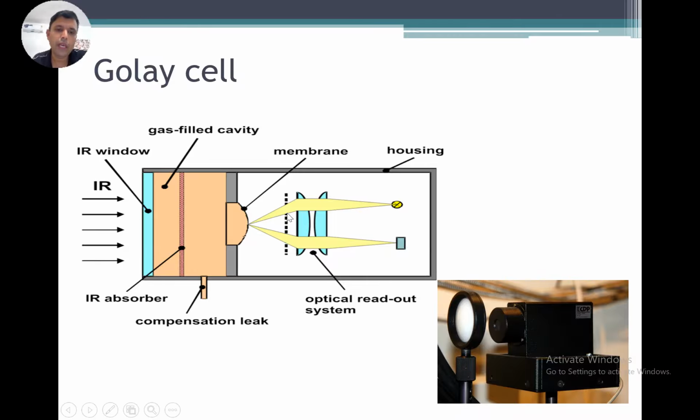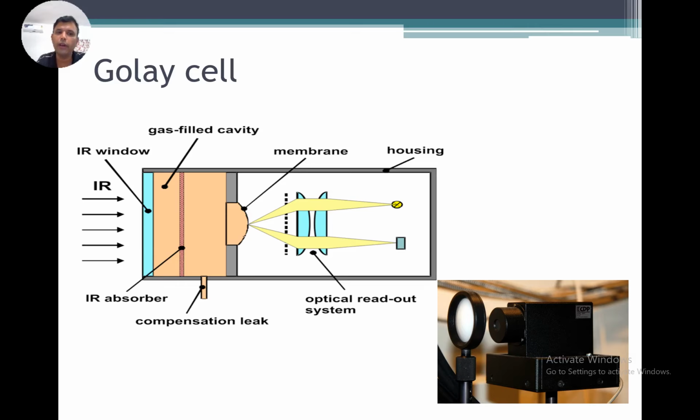In the initial phase there won't be any change in the shape of the diaphragm, but once IR radiation passes through the IR window and is absorbed by the gases, they expand, and this expansion pushes the membrane. The diaphragm moves forward, so the pathway of the light changes, and the intensity of radiation falling on the light sensitive sensor in the second chamber changes.